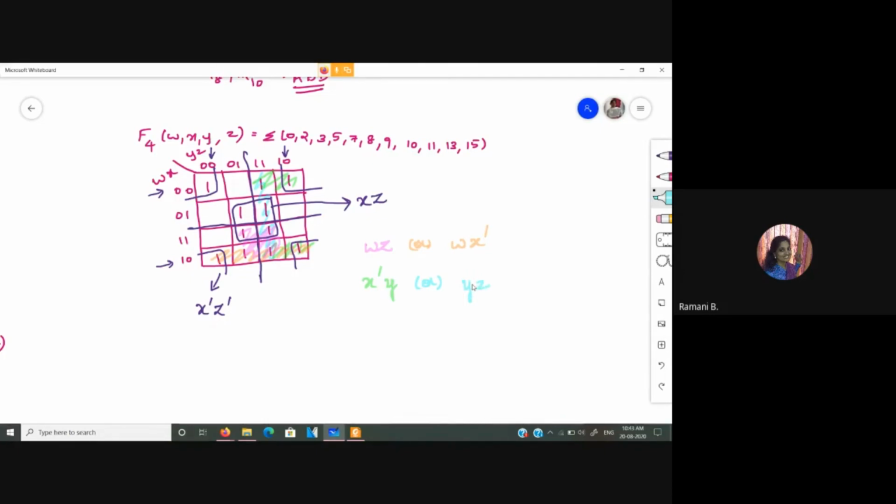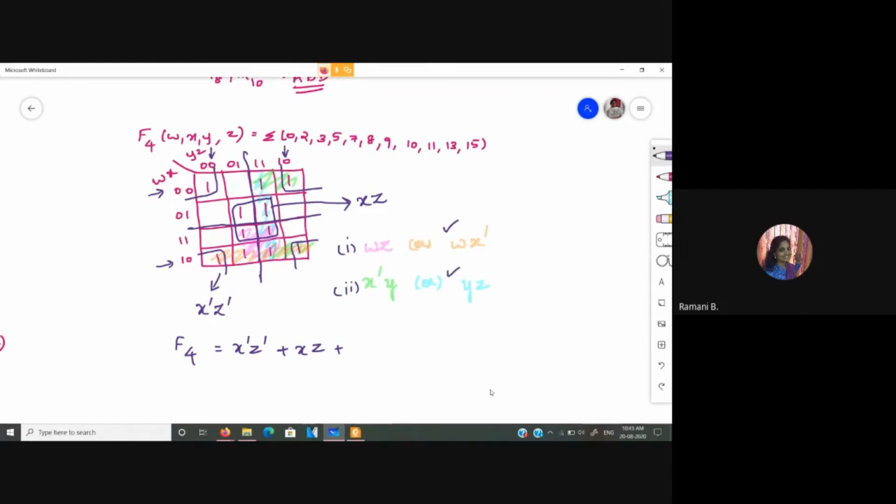Okay, so our final expression is going to be F4 equal to x bar z bar, and this xz, which are mandatory ones. In this I can have any one term, and in this I can have any one term.